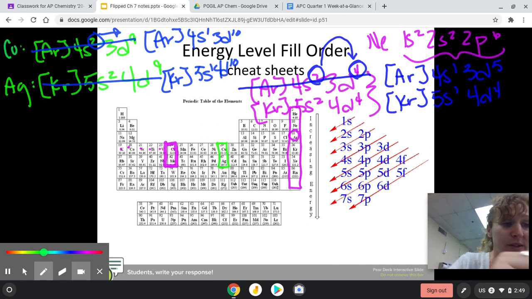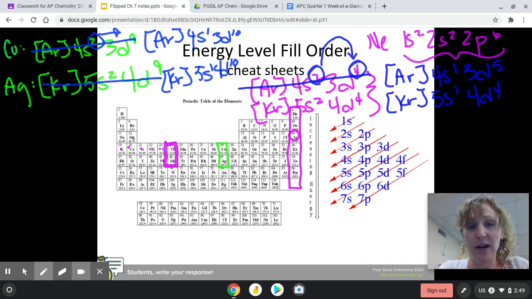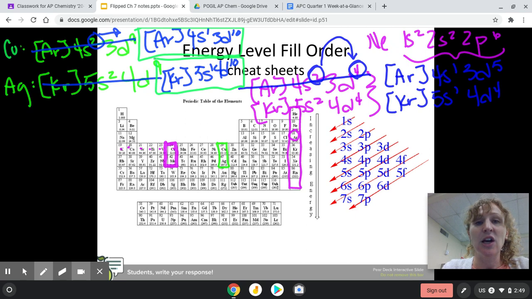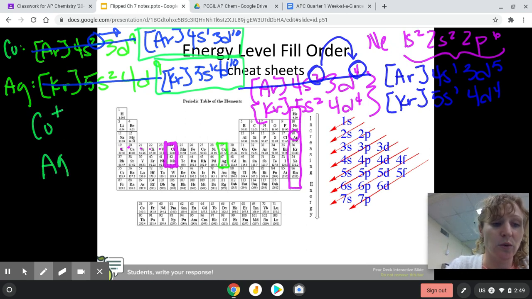And fun fact, this also explains some of those ions that we had to memorize before, like copper. Notice if you look at copper's electron configuration or silver's electron configuration, all of a sudden now we see why they both tend to lose one electron. Where do they lose that electron from? They lose it from their s shell. And so they both become a copper 1+, a silver 1+.